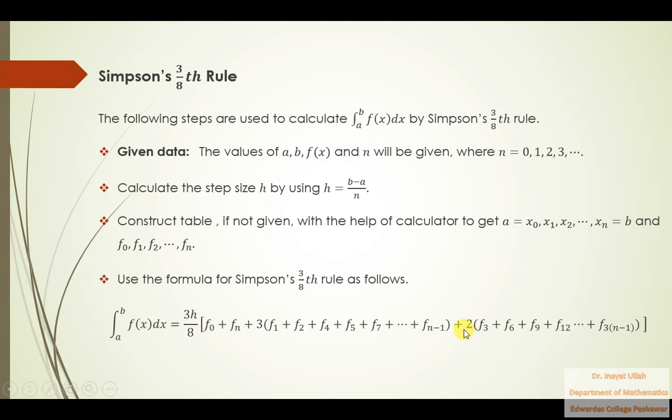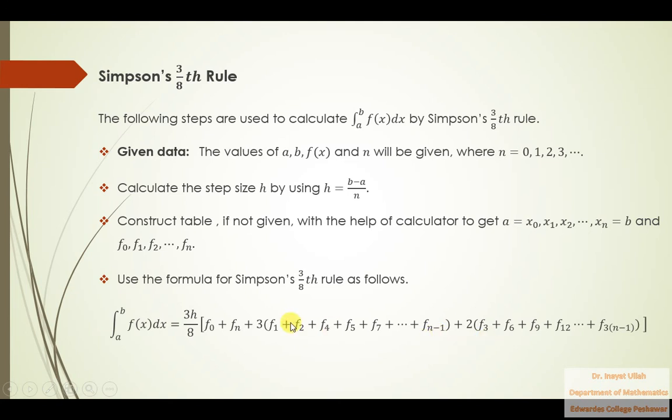So 2 will be multiplied with the sum of those function values whose subscripts are multiples of 3, and 3 will be multiplied with the sum of the rest of the function values.